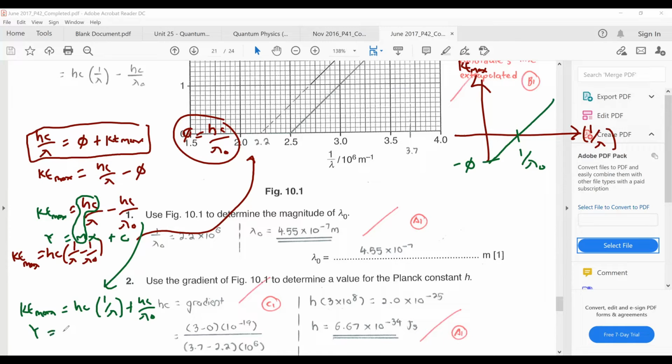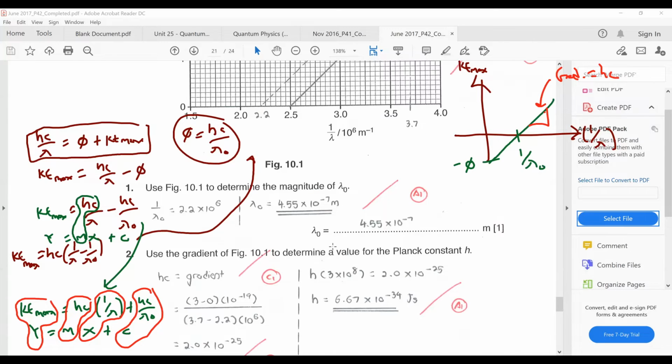So y equals mx plus c. This one is m, this one is x, this one is y, this one is c. So the gradient is hc.